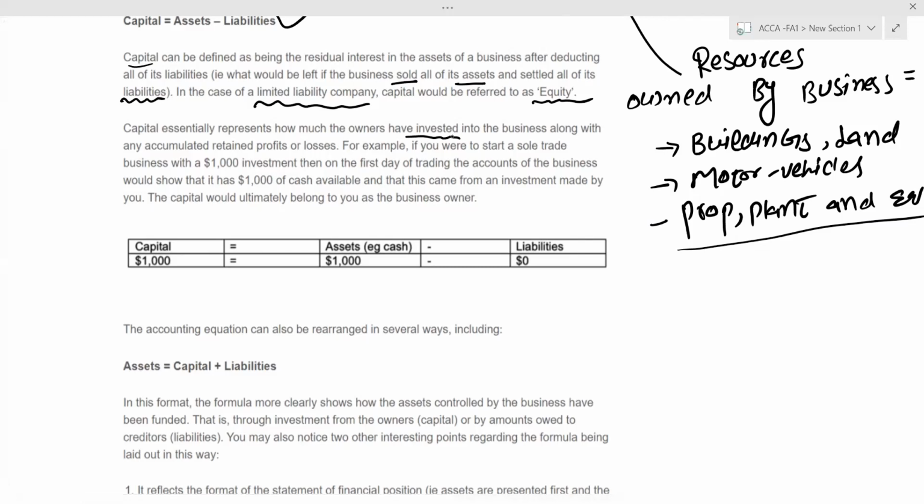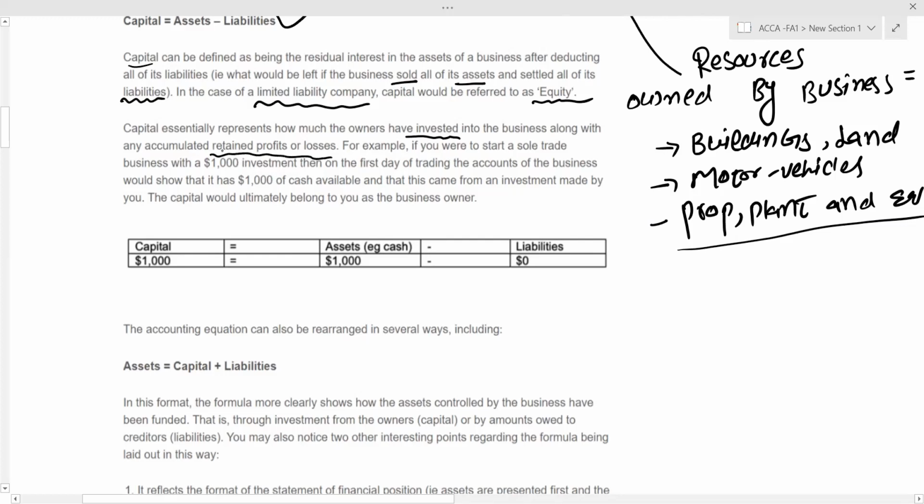Whenever anyone wants to start a business, he or she has to put money into the business. That is the initial investment, and we will discuss the different types of capital: initial capital, closing capital, opening capital, capital introduced during the year, along with accumulated retained profits and losses.